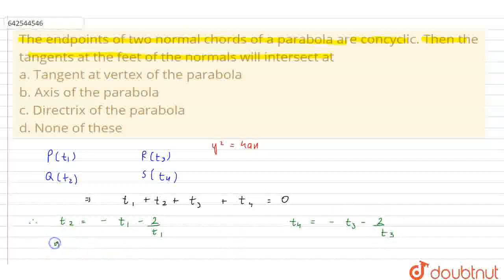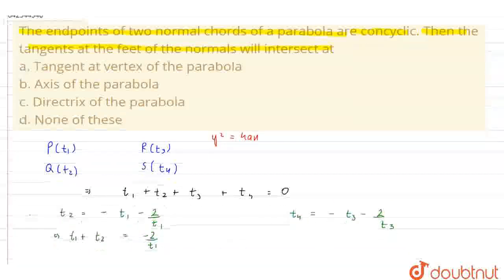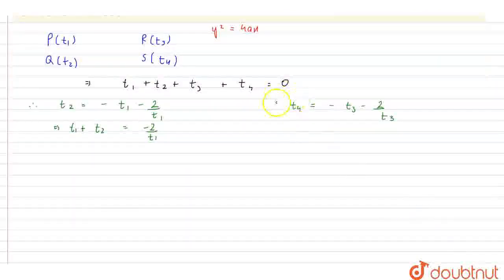So from here we'll get t1 plus t2 equals minus 2 upon t1. And similarly, we'll get t3 plus t4 is equal to minus 2 upon t3.